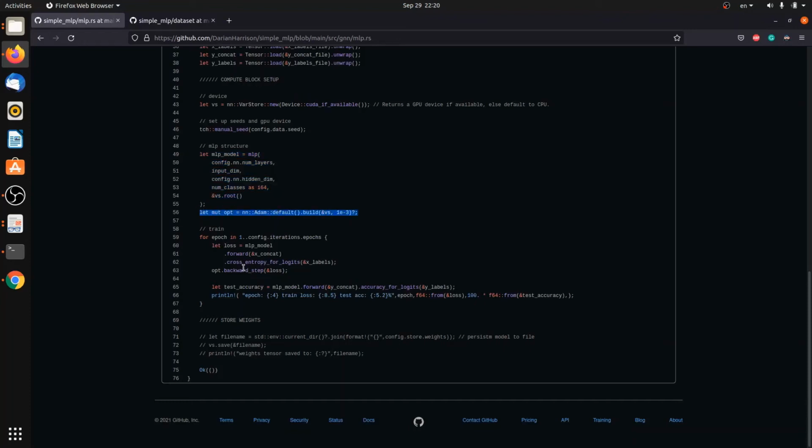Remember we talked about gradient descent, so stochastic gradient descent. One thing to note here is that we probably don't need to use mini batch since this data set is very small. So we're just going to be using the Adam optimizer.